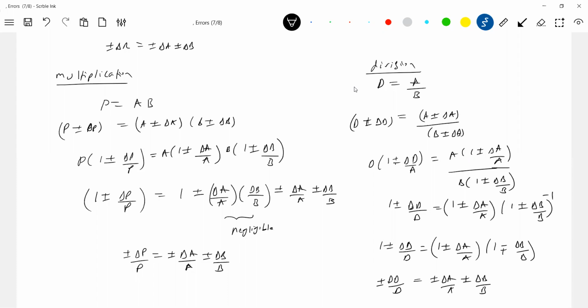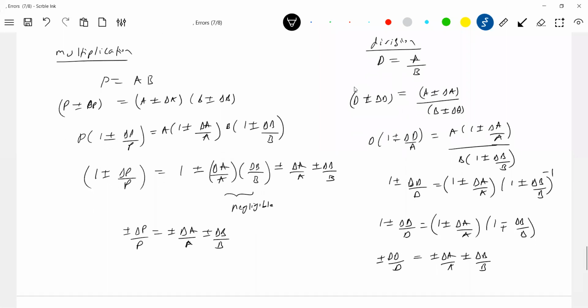So either you take multiplication or division, the relative errors are additive, whereas the absolute errors are not additive. In multiplication and division, relative errors are additive.